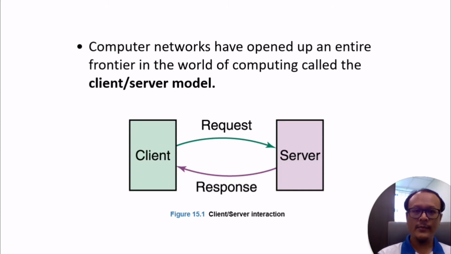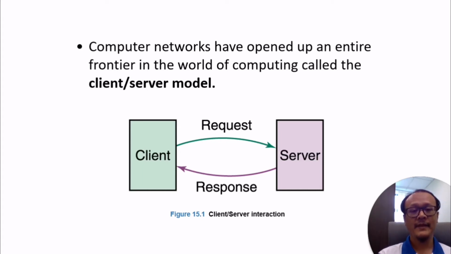So, computer networks have opened up an entire frontier in the world of computing called the client-server model. For example, when you are surfing Facebook, basically you are a client and the Facebook server is the server itself. If you want to search your friend's name, you type the name and click search.